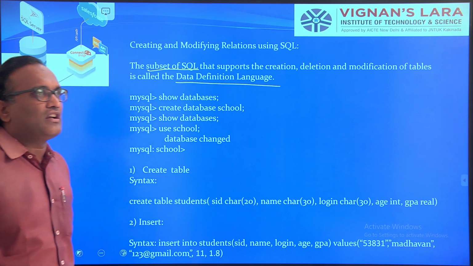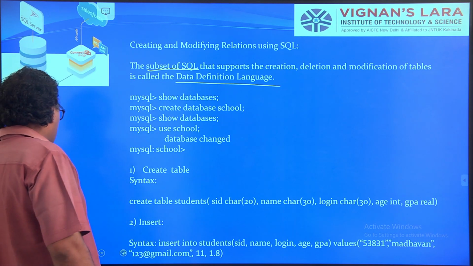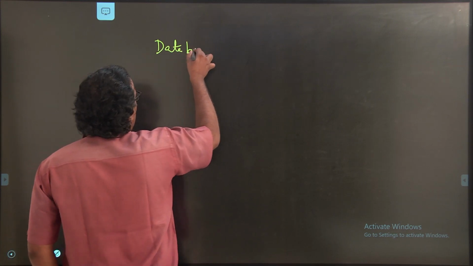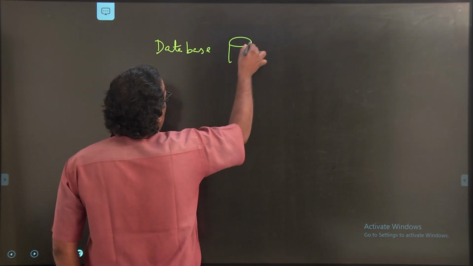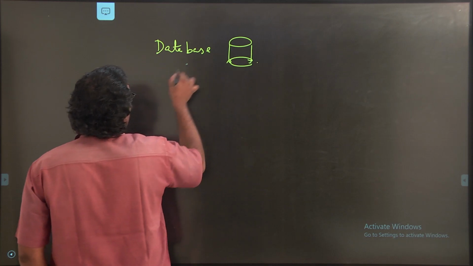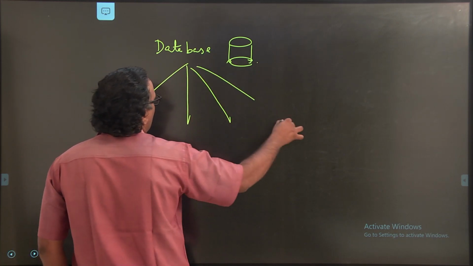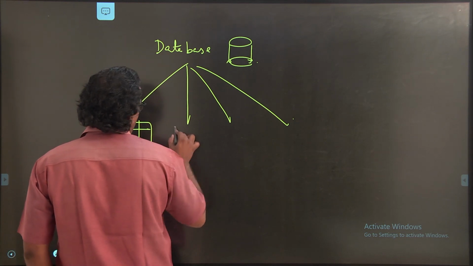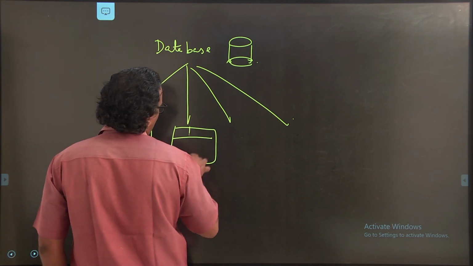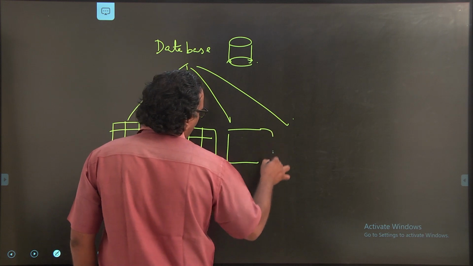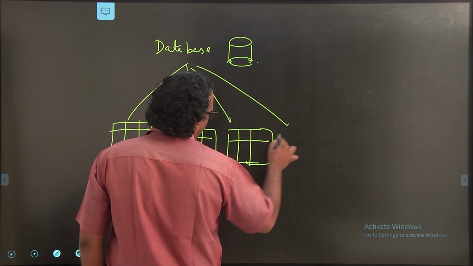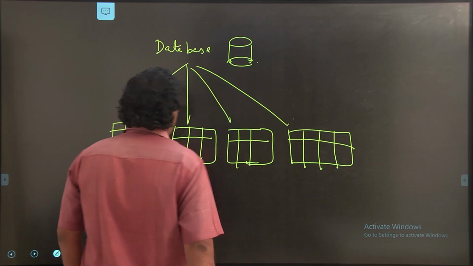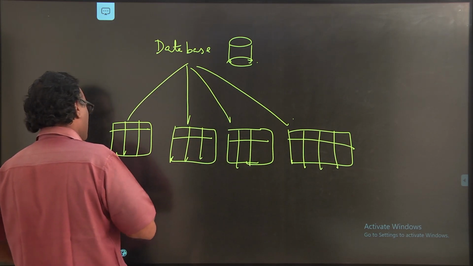You all should have the knowledge about this. Suppose you have a database, which is a collection of tables: table 1, table 2, table 3 and table 4. Each table has its own schema.